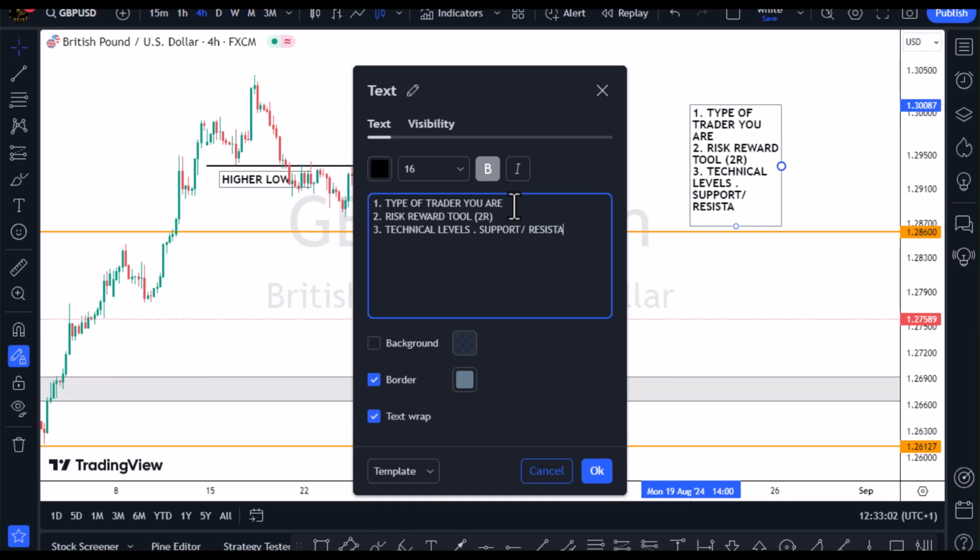This can as well be a demand or supply level in the market.